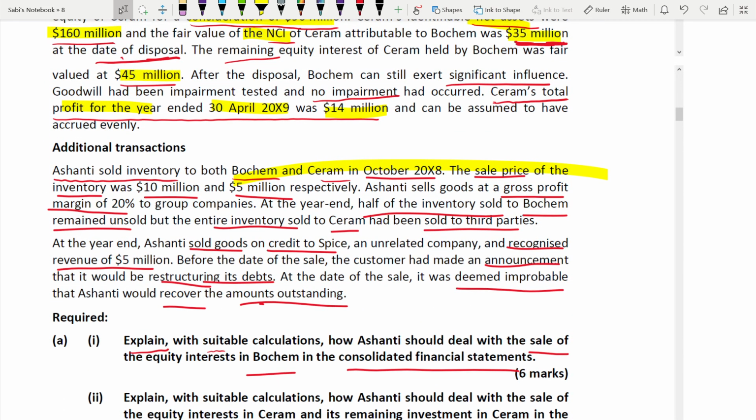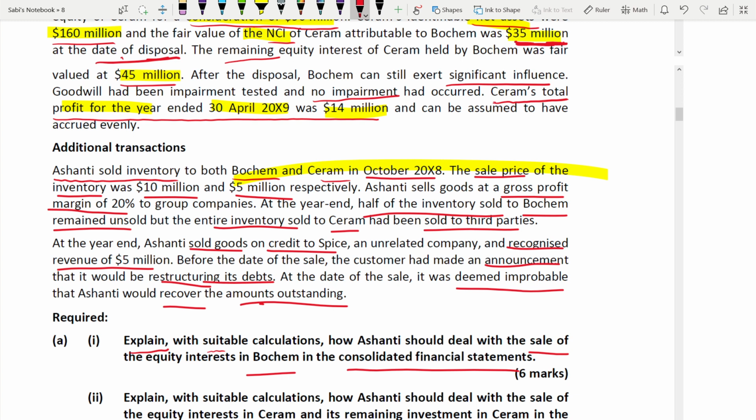It is under additional transactions. So they have told that the sale price was 10 and 5 million. You see, sold inventory at 10 and 5. Sold inventory at 10 and 5 means in one place it will be revenue, and in the other place it will be cost of sales, from one subsidiary's point of view. Let's say the parent has sold, right? So from Ashanti's point of view, those 10 and 5 are revenue because it has sold.